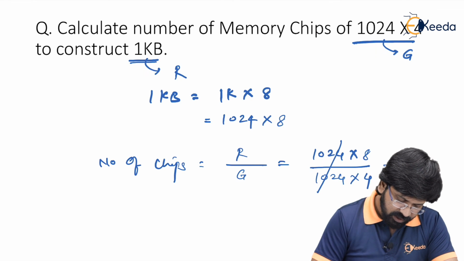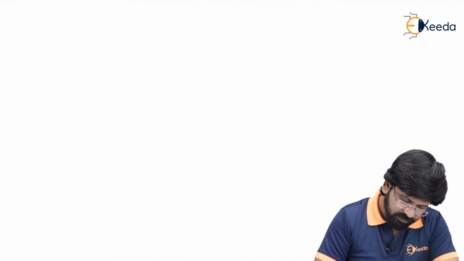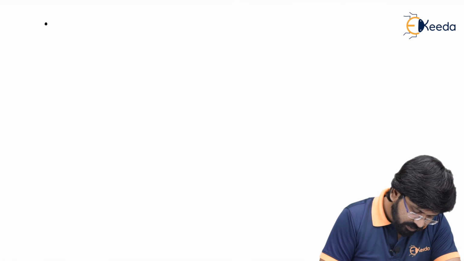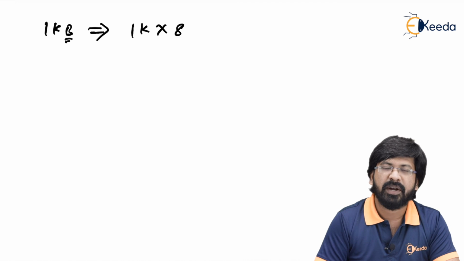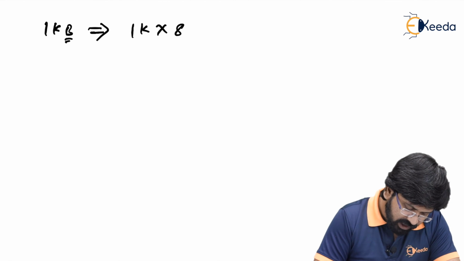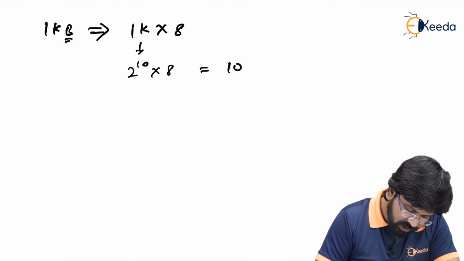Just to give you enough idea, remember, 1 KB is expressed like this, 1K cross 8, where B stands for byte. Byte means it is 8 bits. 1K means 2 to the power 10 into 8, which is equal to 1024 cross 8.